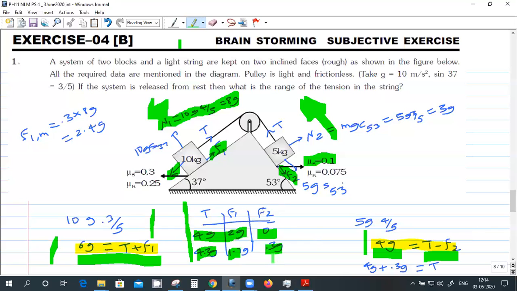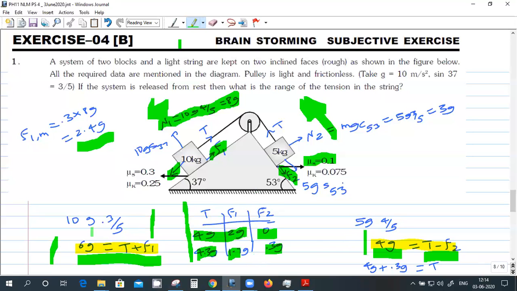So what is the maximum value of F1 I can reach? I check whether F2 is reaching maximum and find the corresponding F1; F1 maximum is 2.4g. Before that, F2 reaches its maximum value, and I'm assuming the case where the thing is not moving. So F1 cannot go beyond this 1.7.